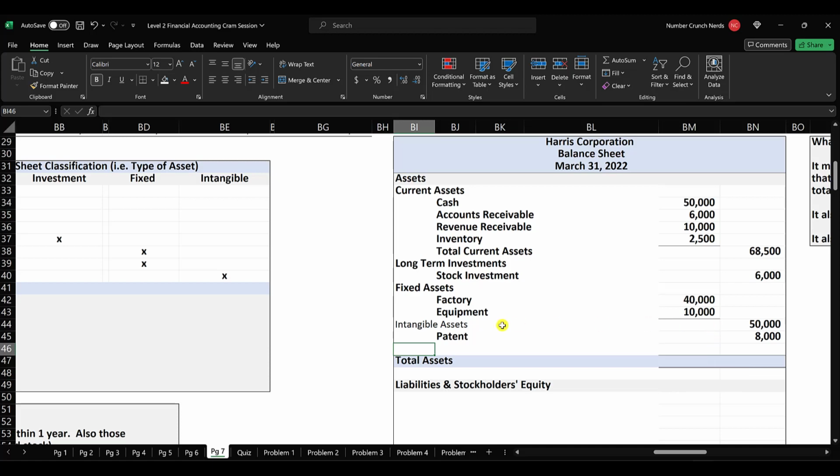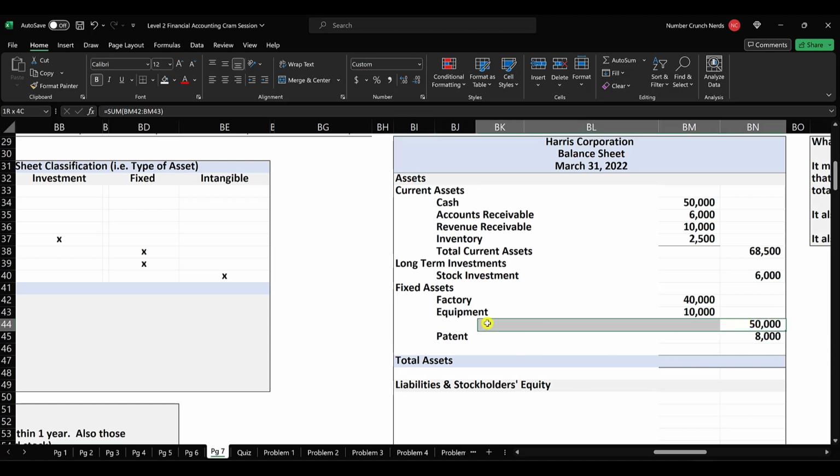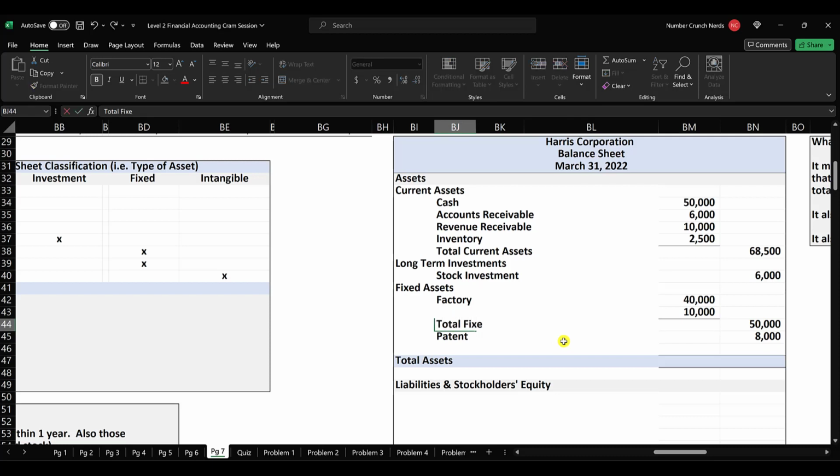Actually, you know what? I forgot to write the identifying what this is. We have to identify what this total is right here. I left that one off. So this is total fixed assets. There we go. And then we're going to drag that down right here. And we're going to drag this down right here.